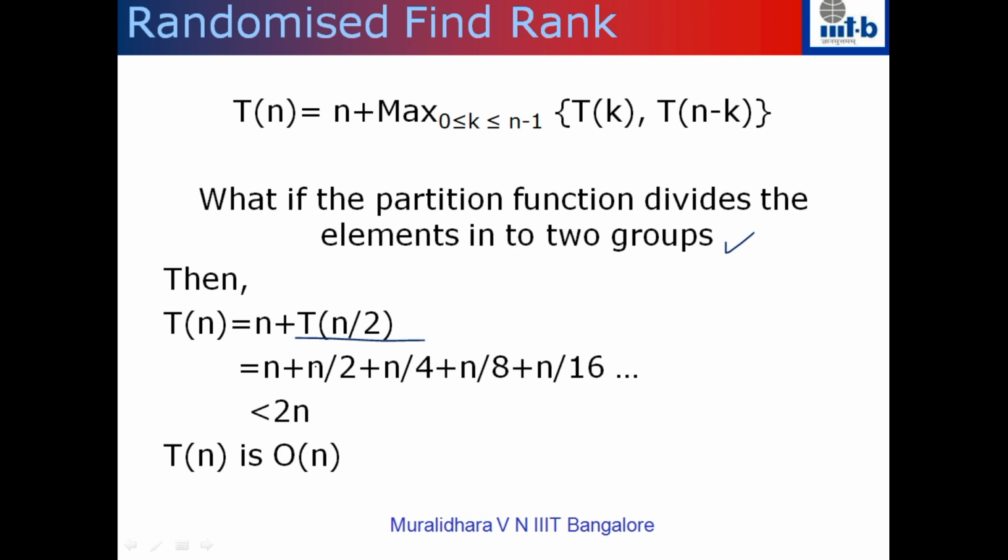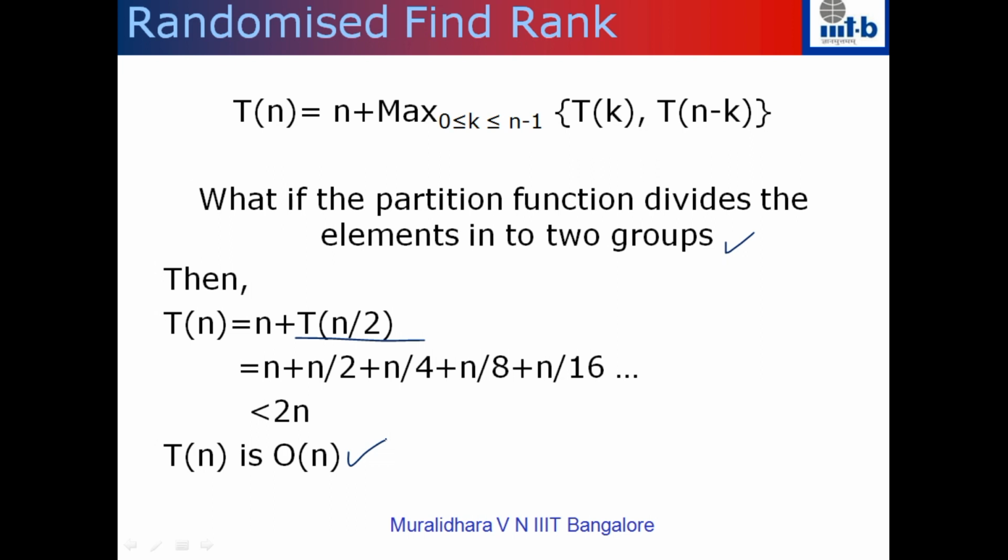T of n by 2 can again be expanded as n by 2 plus T of n by 4, and so on. So you get the sequence n plus n by 2 plus n by 4 and so on, which we know is smaller than 2n. So this clearly indicates that if it divides exactly into two halves, then T of n is smaller than 2n. In other words, this algorithm is linear.